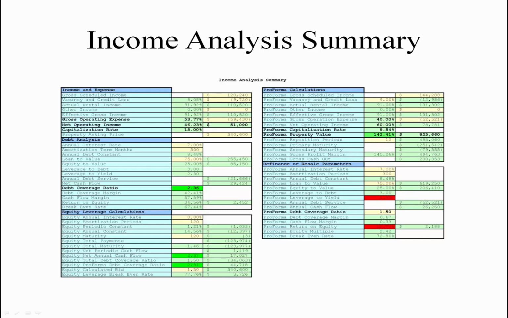You specify the anticipated new gross scheduled income, vacancy and credit loss, other income, and the gross operating expense. The anticipated refinance or resale parameters for the first position debt and the debt coverage ratio. The spreadsheet calculates your profit for sale, your profit for refinance cash out.